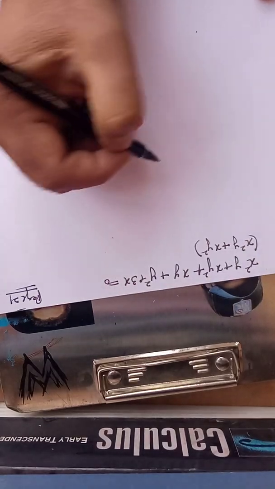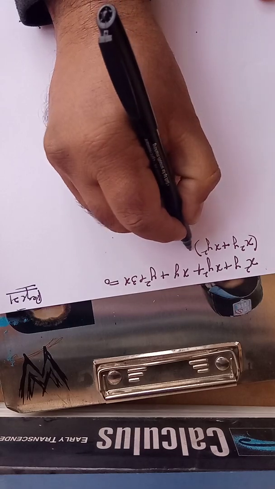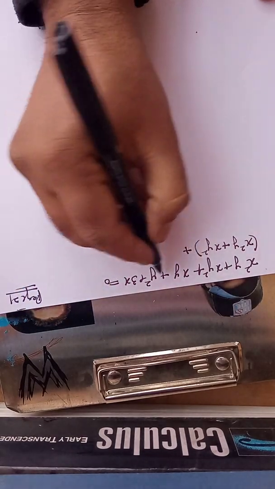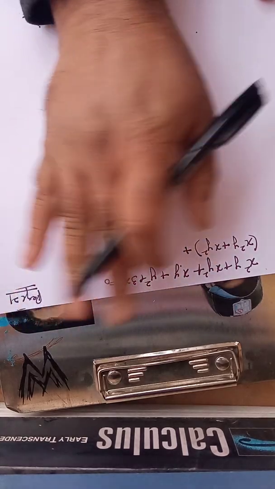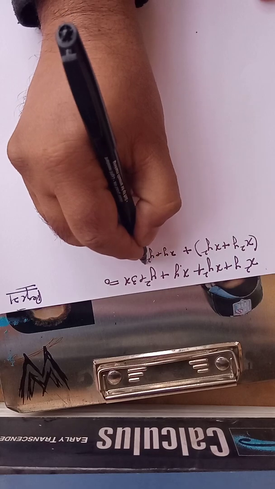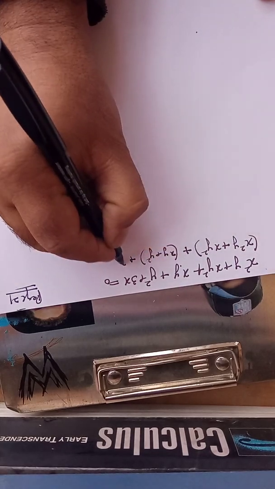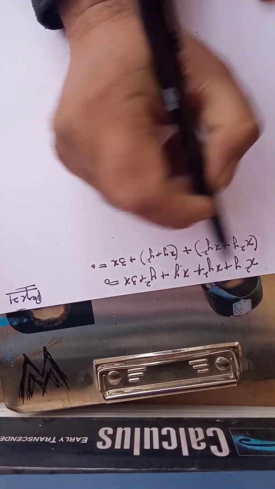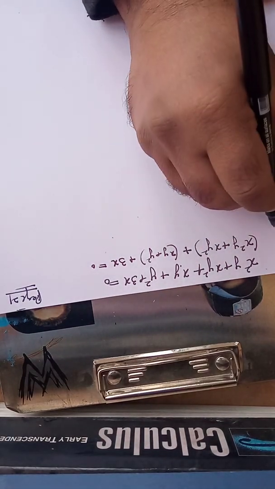Both are of degree 3. Let me explain you so that you will not find any difficulty in future. Now 2 of degree 2. There is nothing of degree 3. So xy plus y square. These are of degree 2. Then you have only one term of degree 1.